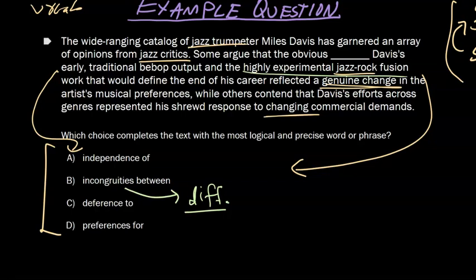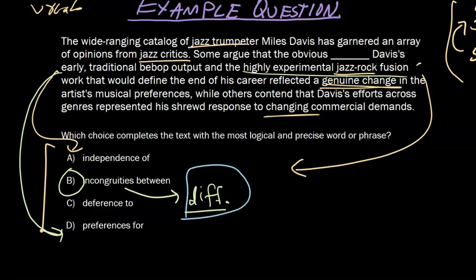Some argue that the obvious preferences for Davis's early traditional bebop and the highly experimental jazz rock fusion work that would define the end of his career reflected a genuine change. Well, preferences for doesn't really make sense either, especially because if he had a preference for this, he wouldn't choose a switch. So the answer should be this one, just out of process of elimination here. But even if you didn't know this, we were able to figure that out.